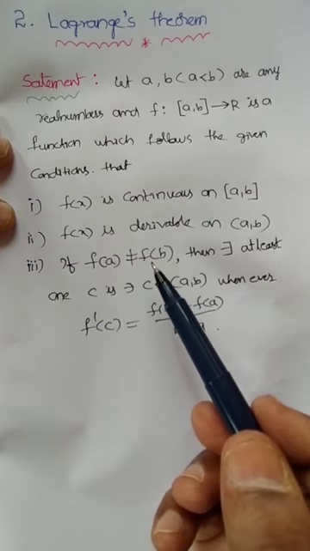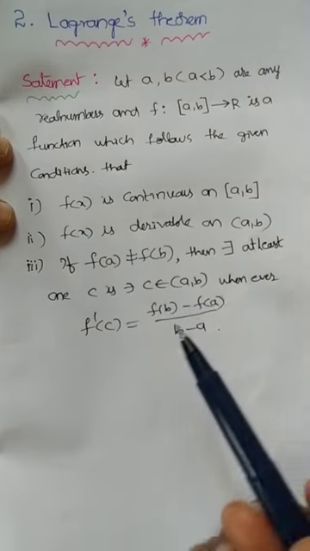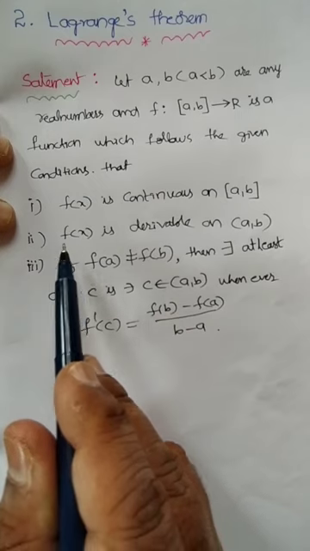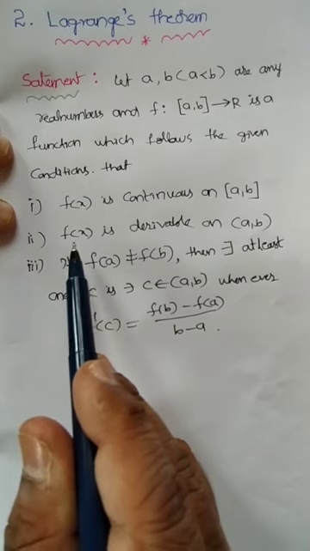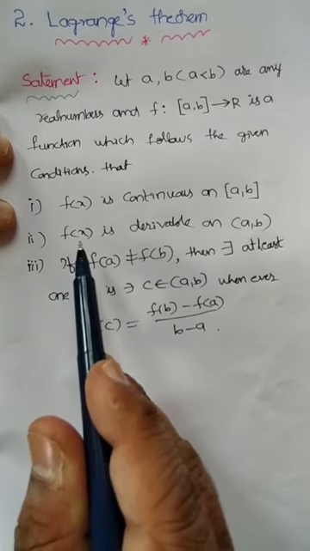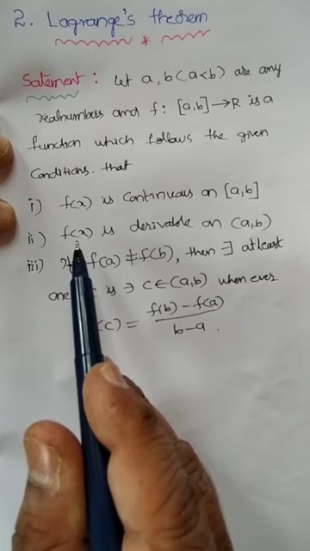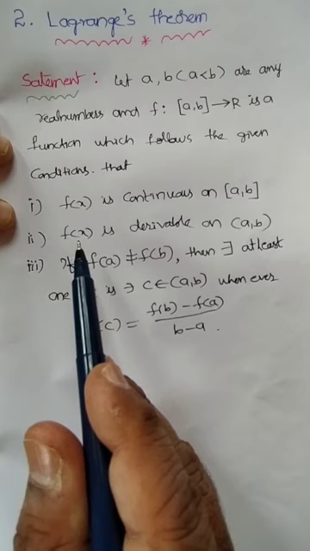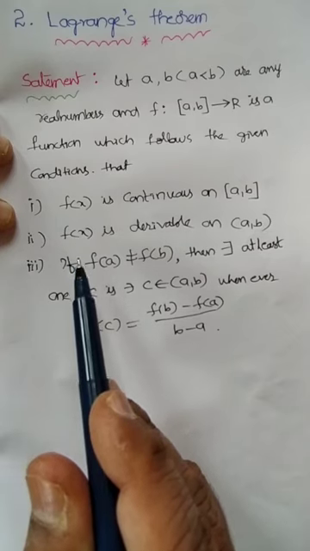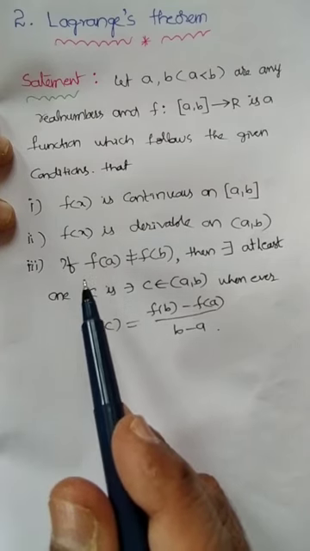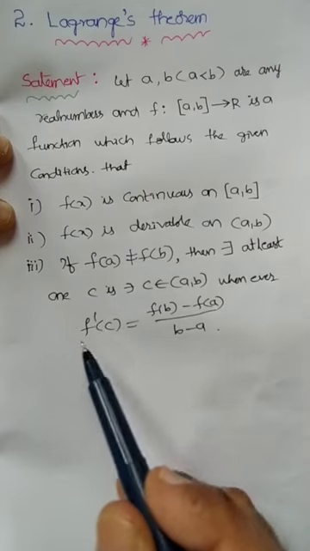The second step, we have to find f dash of x, which means we derive the given function. Then we take any real number c, and for that we find the f dash of c value.